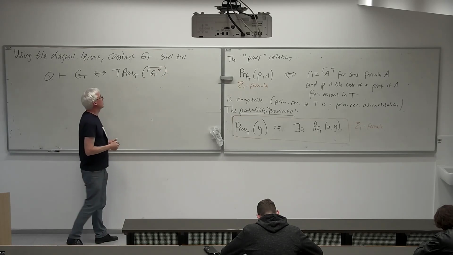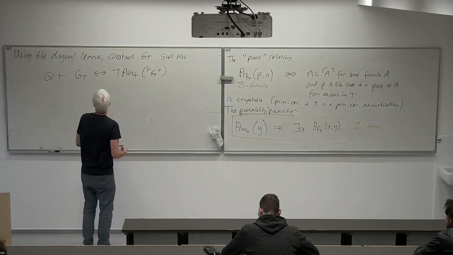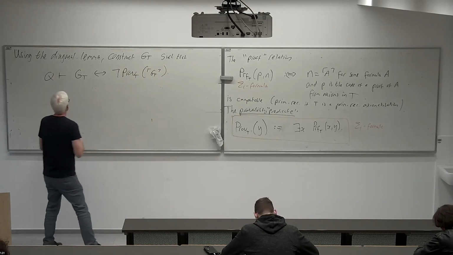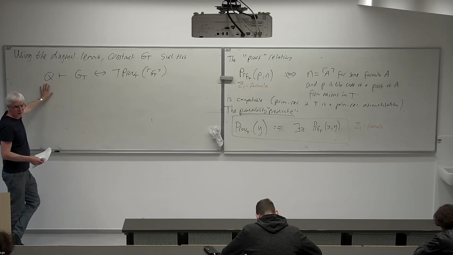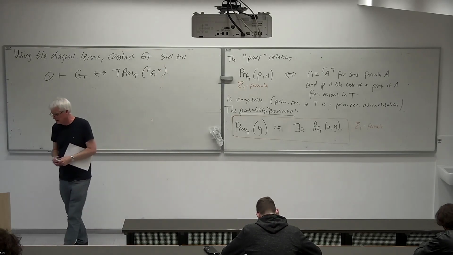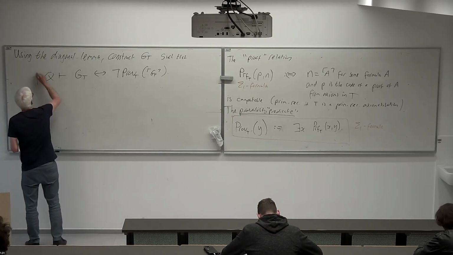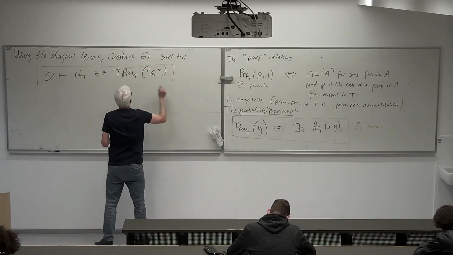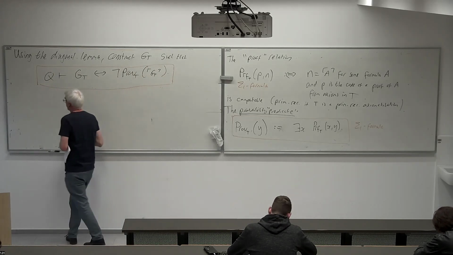It's going to get really tedious to put all these numeral bars on, so I'm going to stop doing that for now. And this is provable in Q by the diagonal lemma, because the diagonal lemma was about provability in Q, so it's certainly provable in T as well. So this is the sentence that says, I am not provable.